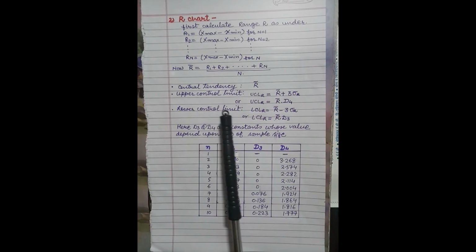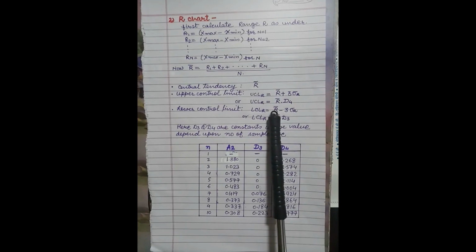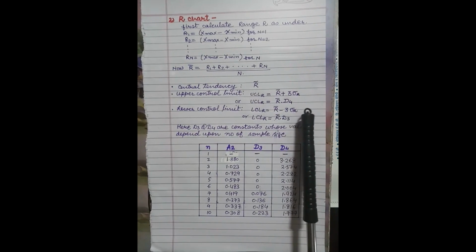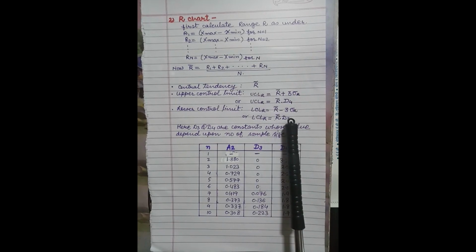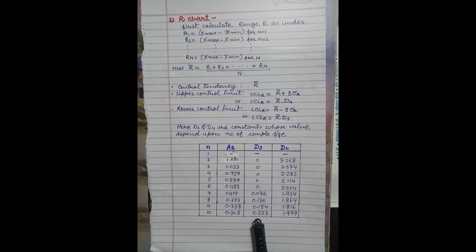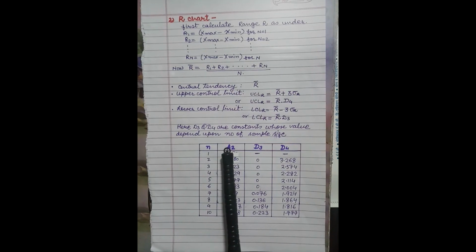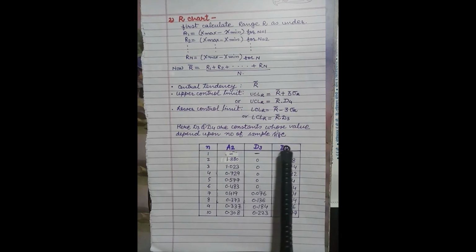Similarly, for the lower control limit, we have the formula R bar minus 3 sigma R, but this formula is equivalent to R bar times D3. In the subsequent table, you can see the value of D3. Here we have also given the value of A2. The values of A2, D3 and D4 depend upon the number of samples in the subgroup from 1 to 10.